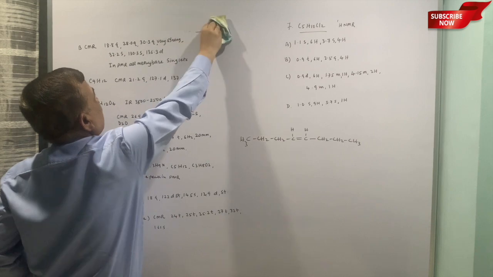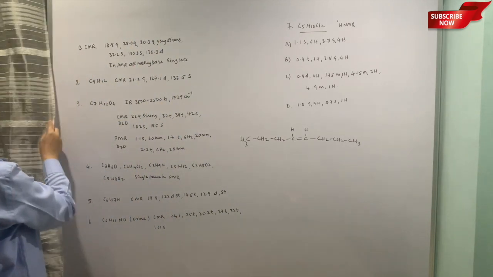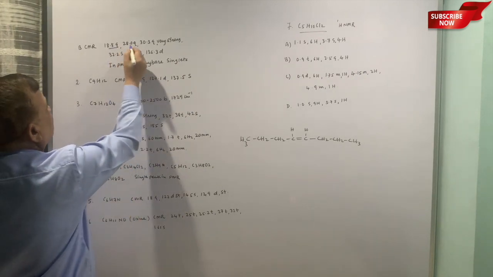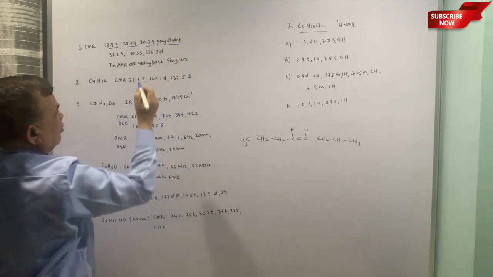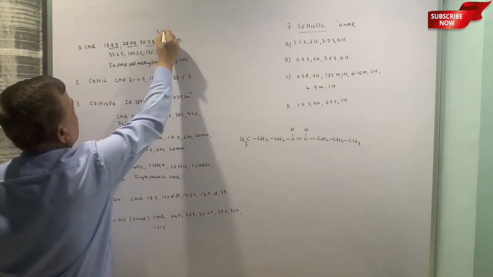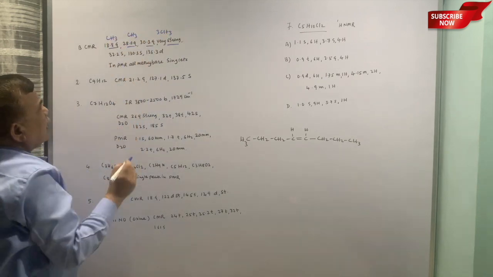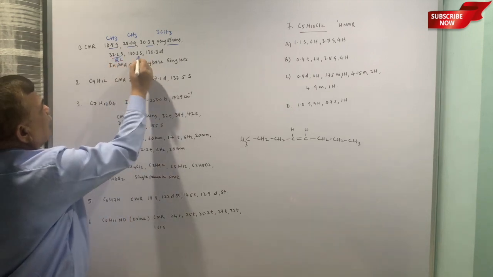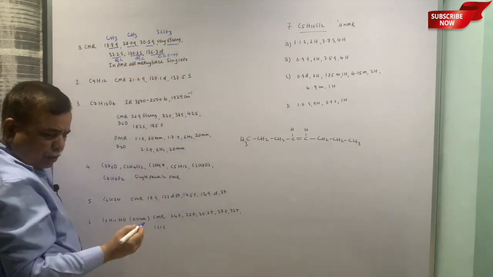Now moving on to compound B with the same molecular formula, of course. These are methyls, very strong. These are 3 methyls, this is 1 methyl, this is 1 methyl. So there are 5 methyls in all. This is a quaternary carbon, this is also a quaternary carbon, this is CH.